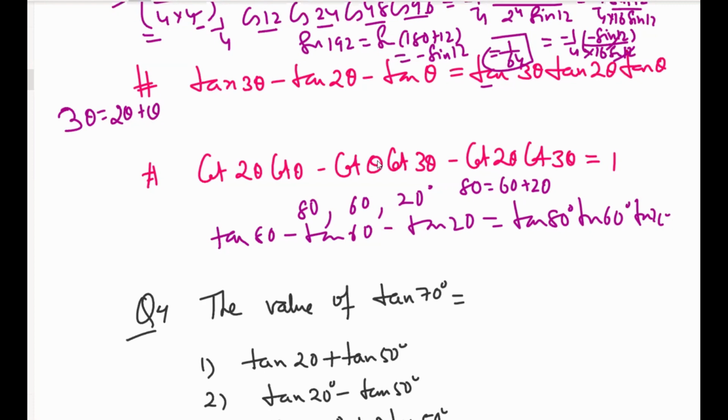Now in case of cot, we just have to learn the formula of tan. We can convert it into cot by dividing both sides by tan 3θ into tan 2θ into tan θ.